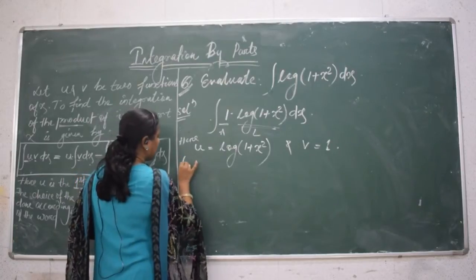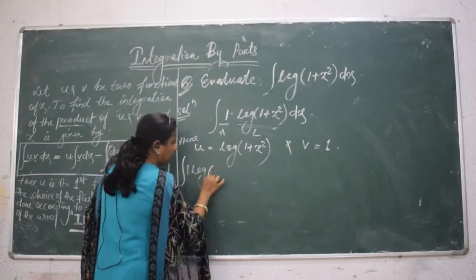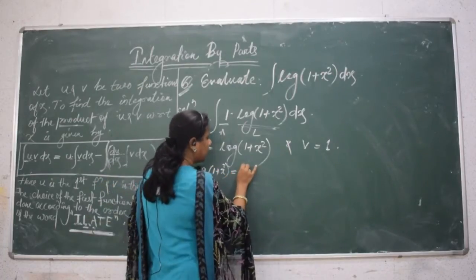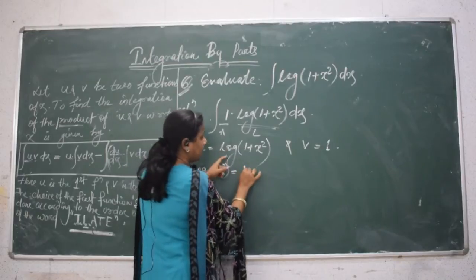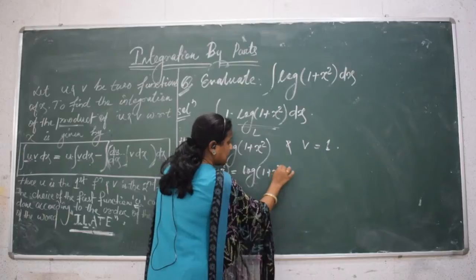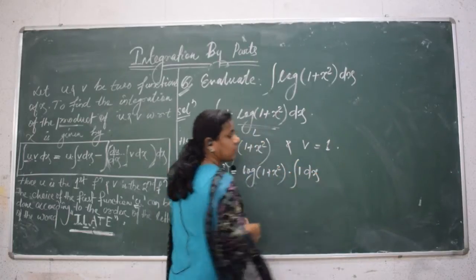So you have to use the function, that is log of 1 plus x square, equals u into v, means u we have taken as log of 1 plus x square, into the integration of v, that is 1 with respect to dx.